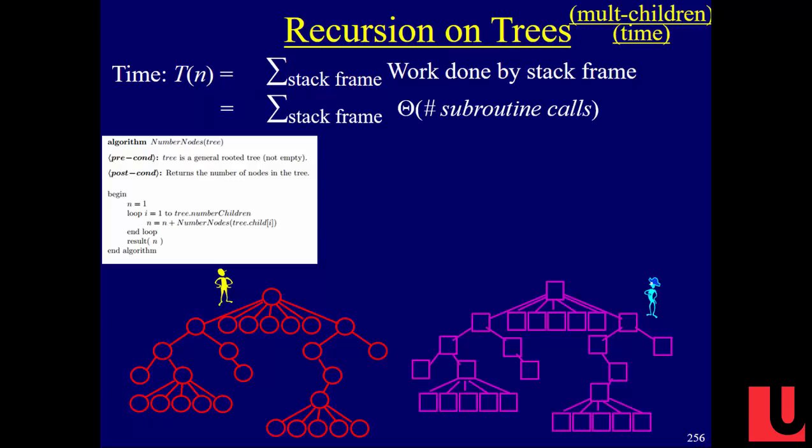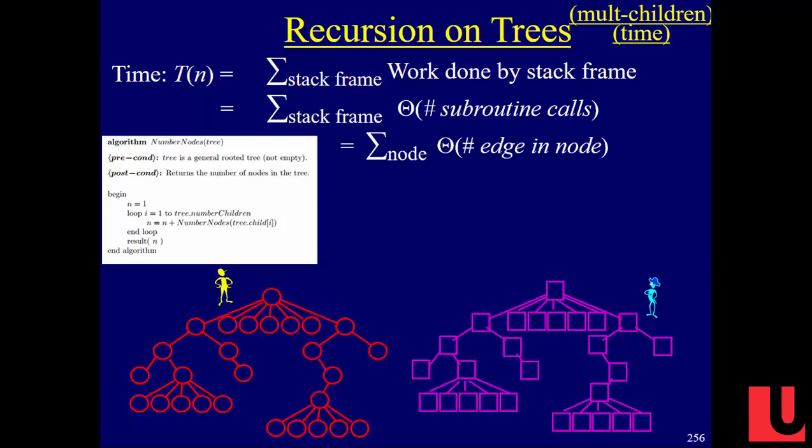So here, what is the work? The work, we're kind of going over all stack frames of how many subroutine calls there are each time, right? How many friends there are. I've had various slides trying to explain this, and people have kind of died a number of times, but here we're kind of summing up over all nodes of the tree of how many children we have, right?